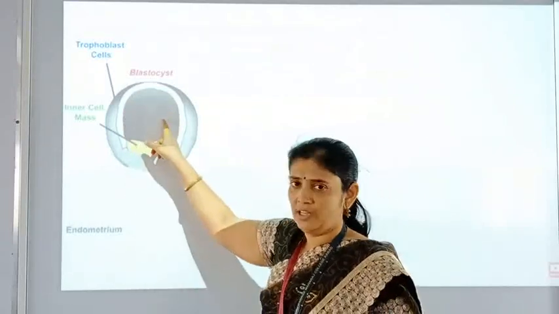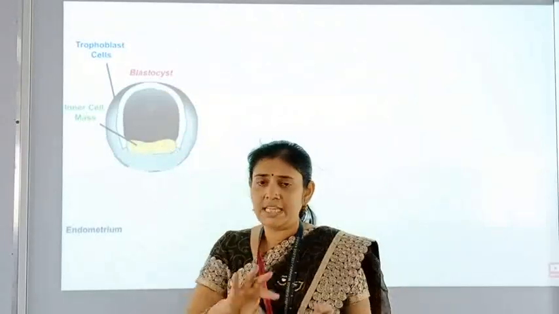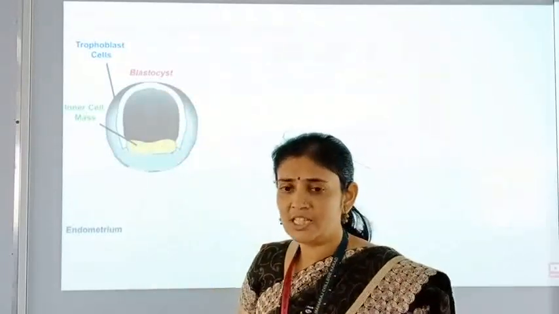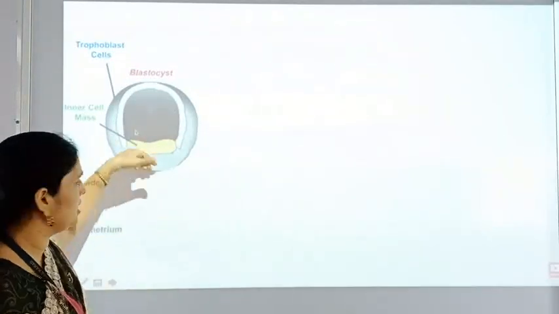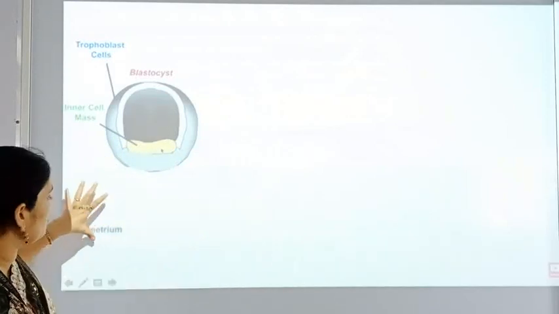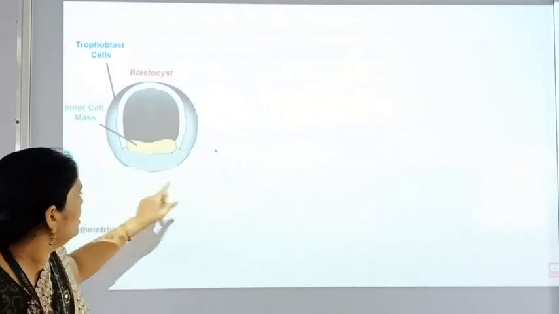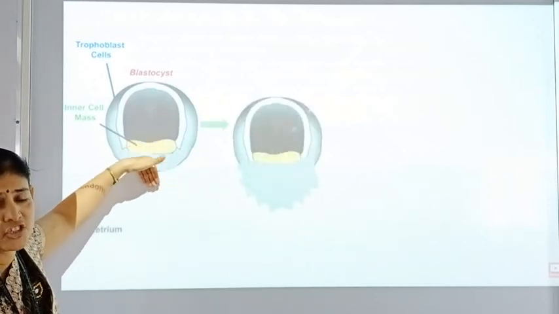During the formation of the blastocyst, the implantation process is carried out simultaneously. Here the blastula is getting implanted into the endometrial wall, and you can see the blastula starting the implantation process.